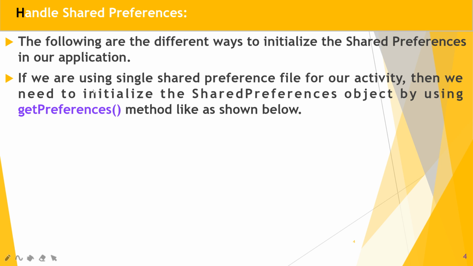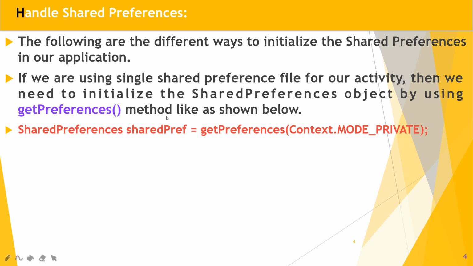If we are using a single shared preference file for our activity, then we need to initialize the shared preferences object by using the getPreferences method, as shown below.